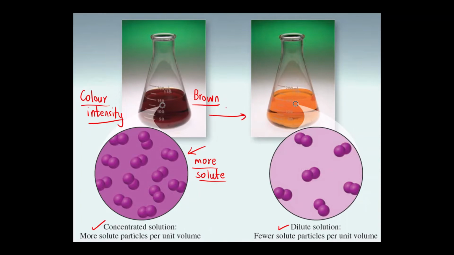And then when we add water to this solution, that is when we perform dilution, the color will fade out and become a light color. So here the color transformation after dilution took place from brown to a light orange color. And in this image you can see that there are only few solute particles as compared to the concentrated solution.